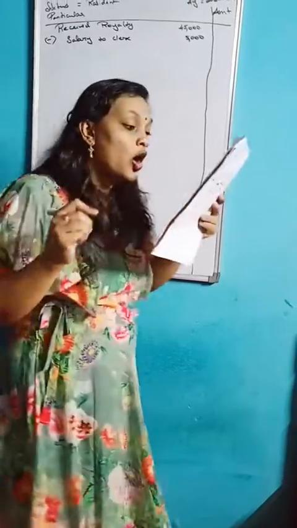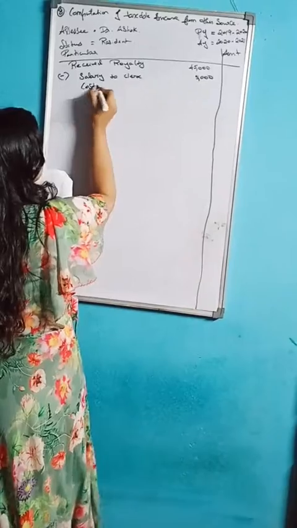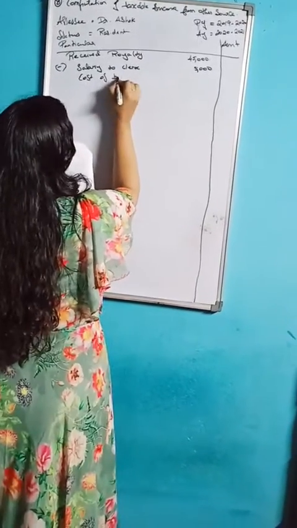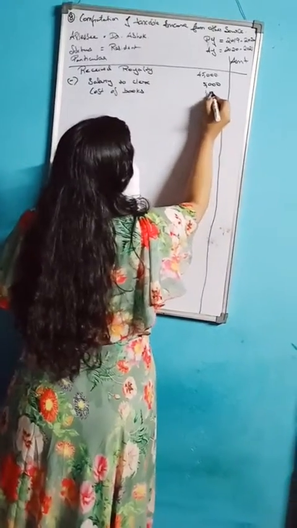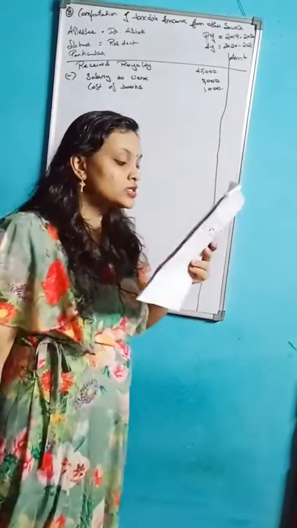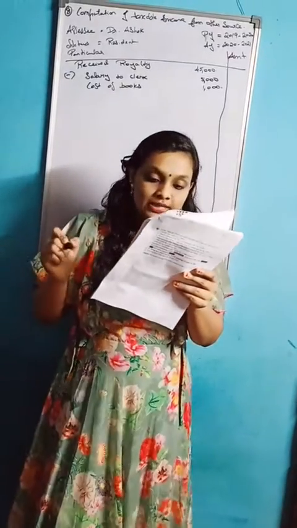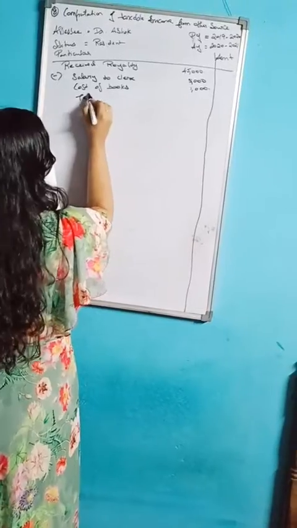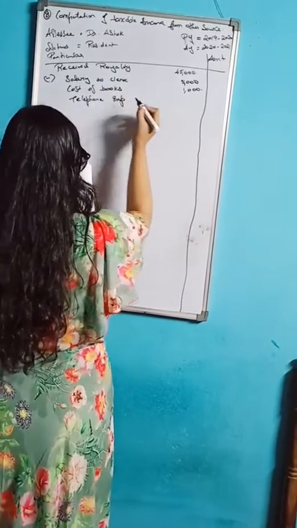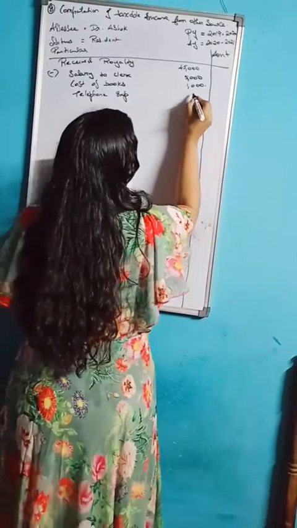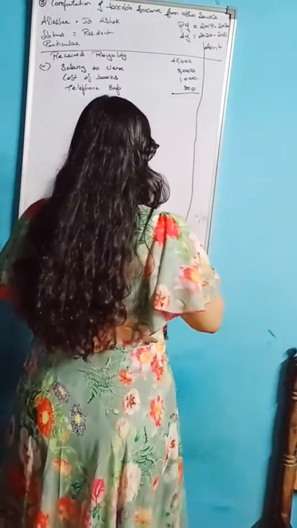Next one is cost of books, 1,000. Okay. Next one is telephone expenses, 800. Telephone expenses 800.